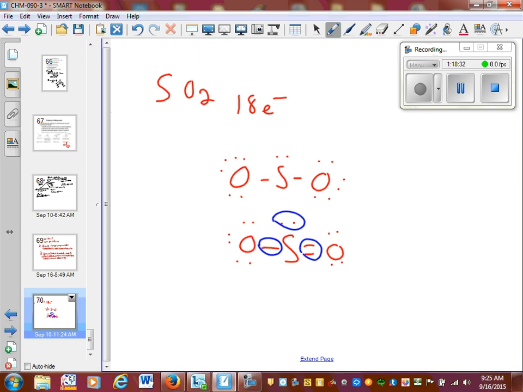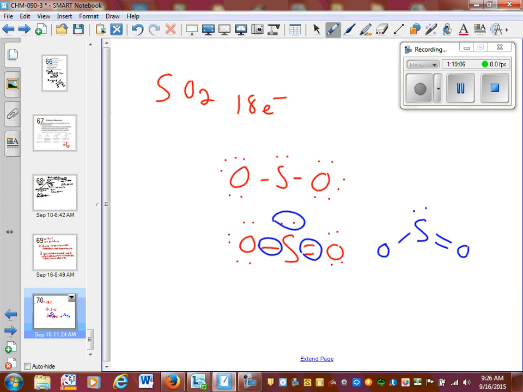So now we have a molecule that looks like this. Which is more electronegative, sulfur or oxygen? Oxygen. So the S-O bond and the S=O bond are going to be polar. The oxygen wants the electrons.